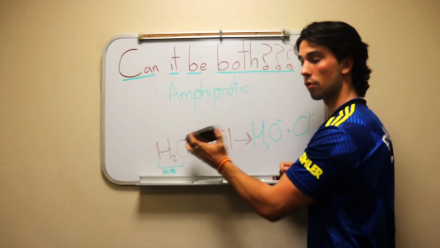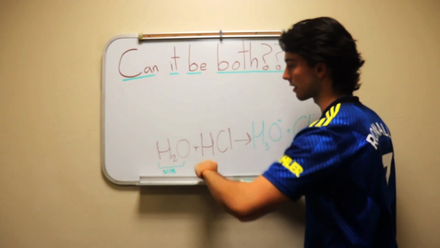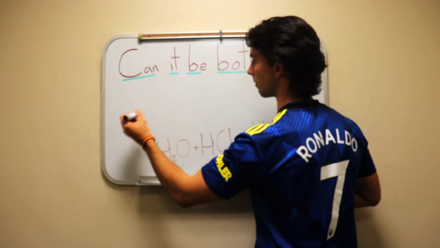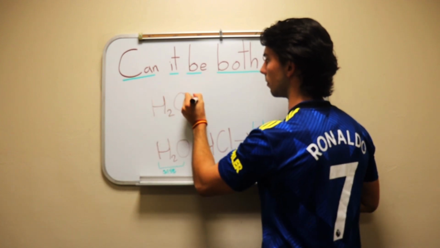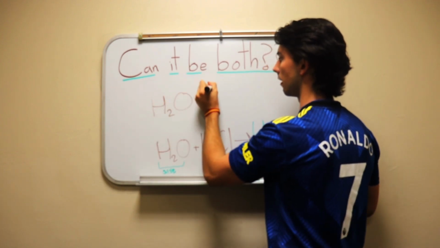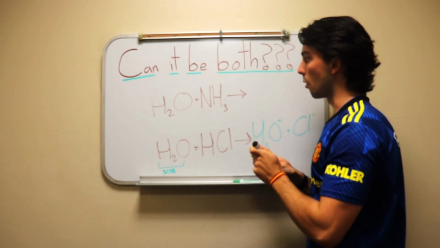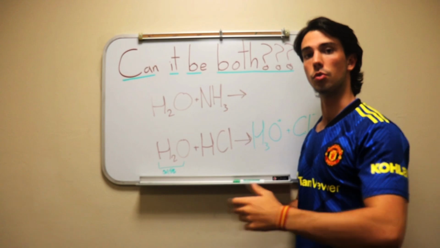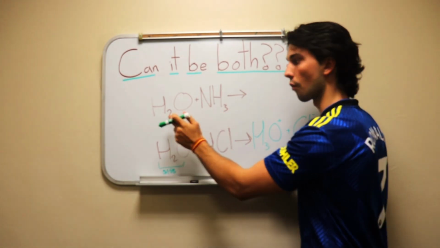However, if we mix water with something else, it could act as an acid. So if we take H2O and we mix it with ammonia, NH3, we know ammonia is a base, meaning it's going to accept protons. And where is it going to accept it from? From water.